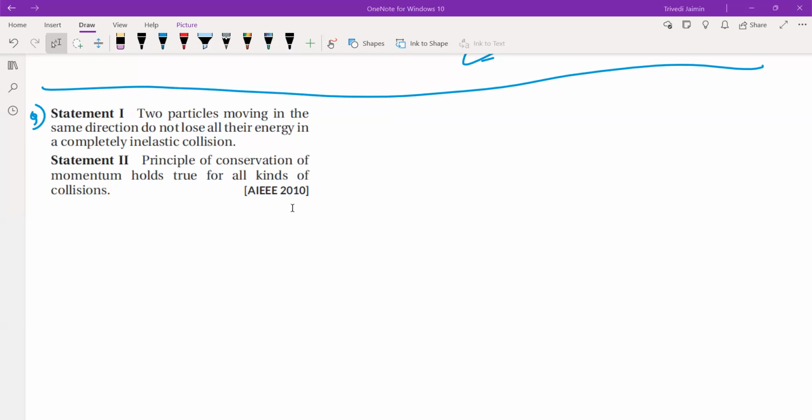Okay. What about Tanishq? What do you think? Are both statements true? Both are true. Shruti?